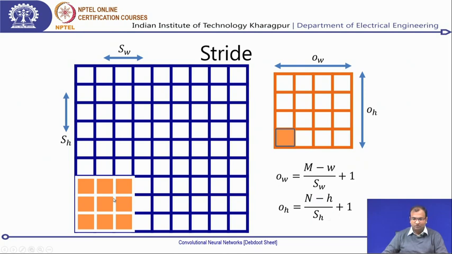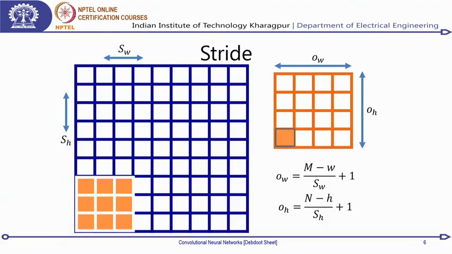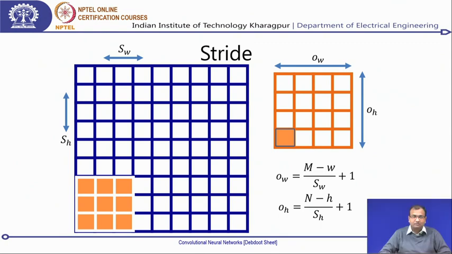And there is no mandate that your SW and SH need to be equal, or that your m and n need to be equal in any way. They can be unequal in all sorts of ways, and in fact your kernel also does not necessarily need to be square shaped. So your w and h can also be different from each other, and this will be valid for a rectangular kernel as well. There are no issues with that in any way.